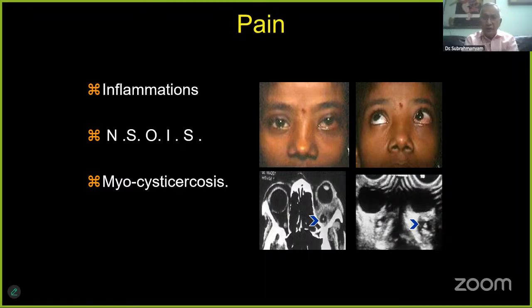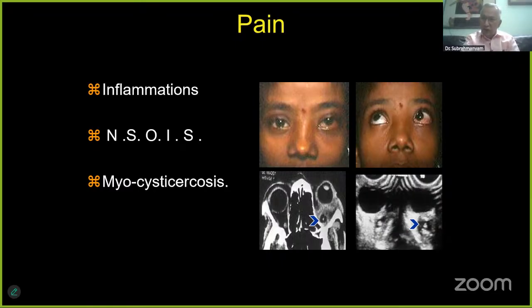If it is a purely orbital one, I will treat with systemic albendazole at a dose of 15 milligrams per kg body weight, plus prednisolone at a dose of 1 to 2 milligrams per kg body weight. The response is excellent, in almost all cases.